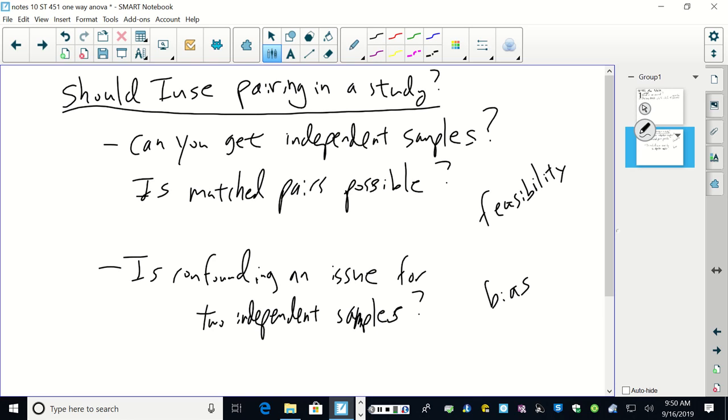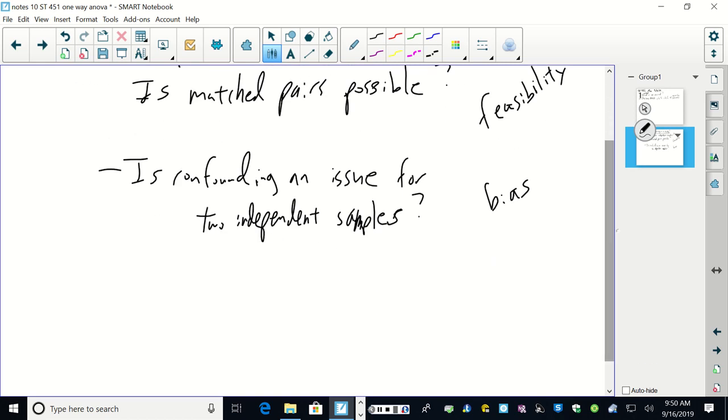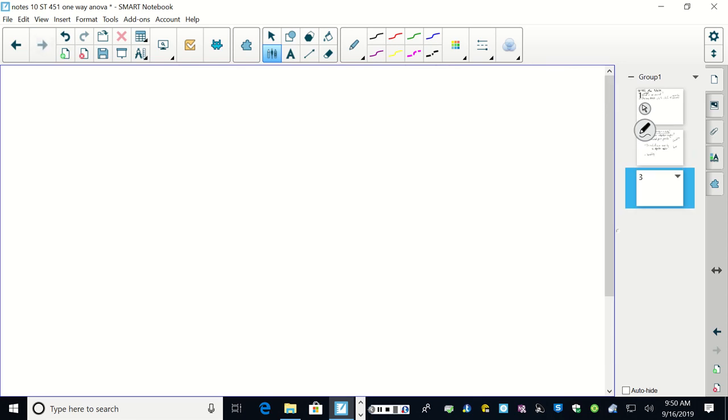We could also look at variability. Other things being equal, you probably want to do the procedure that gives you more accuracy, and we could look at that a little bit. So in the paired study, we could get n pairs.